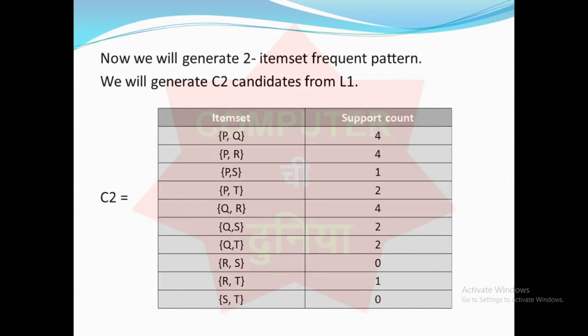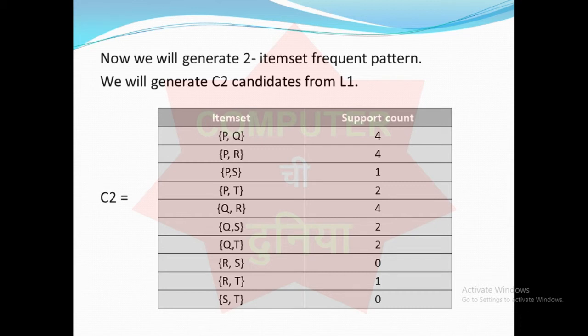The next step is to generate the two item set frequent pattern. Two item set means an item set that contains exactly two elements. We will generate C2 candidates from the frequent list 1, that is list L1.